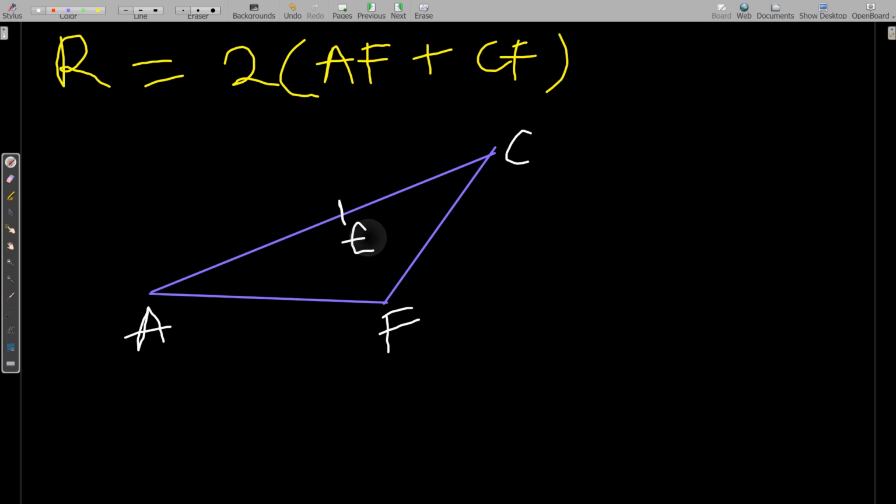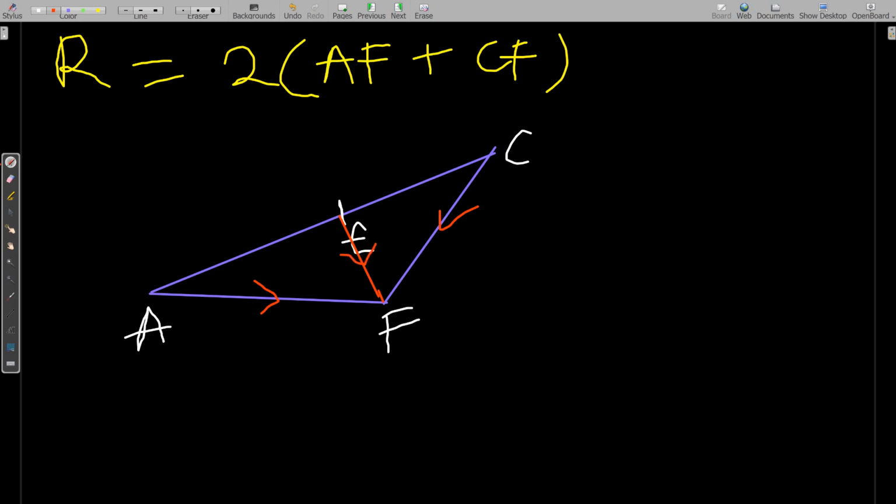Then there's an E here, which is the midpoint of AC, and we have another stuff to work with. This is how EF looks, from E to F, with a red color. So we have AF going this way, CF in this direction, and EF in this direction.